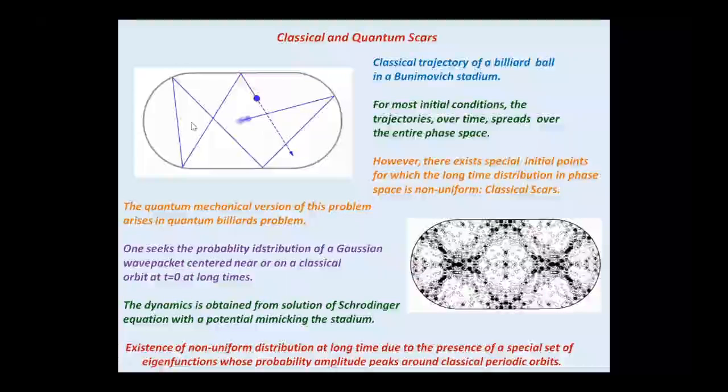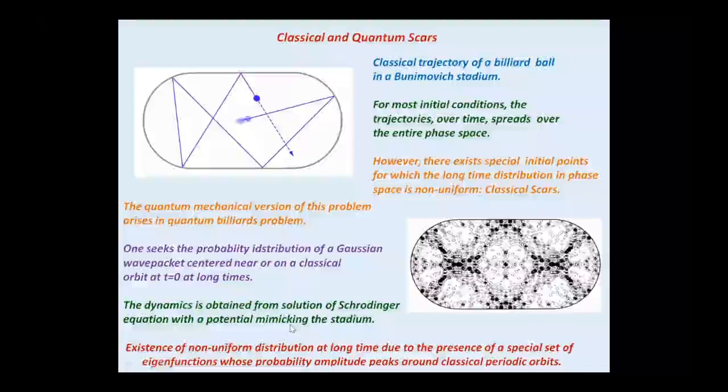One chooses a classical orbit which is known to generate scars in the classical problem. Then, if you calculate the probability of finding the particle at a given time t in the long time limit, you get patterns like this, which is an example of quantum scars.